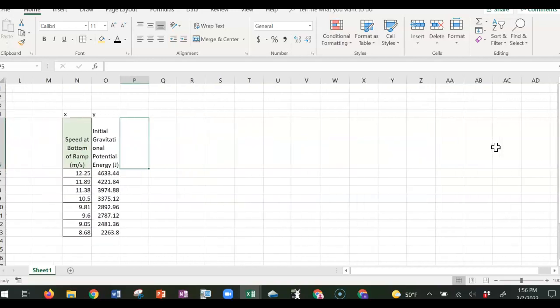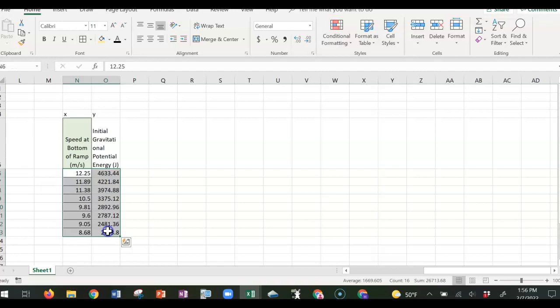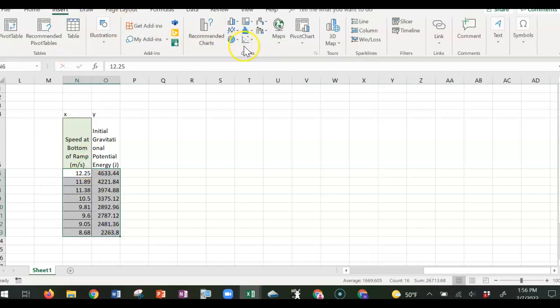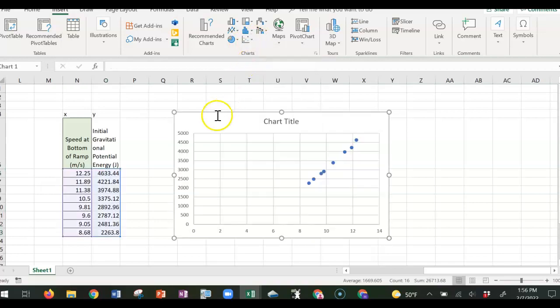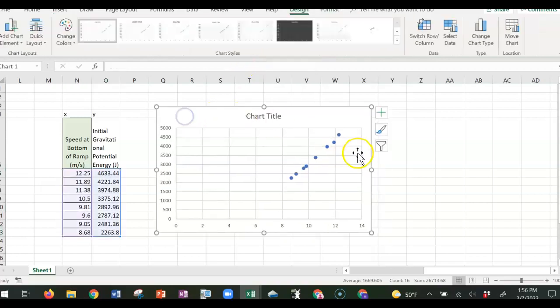And so now I can just highlight, select these numbers and do an insert of a scatter plot. There we go. Okay.